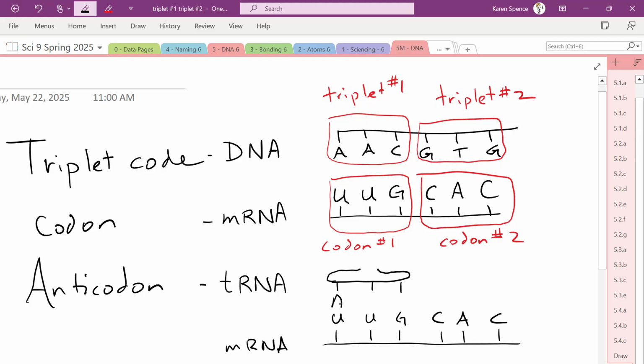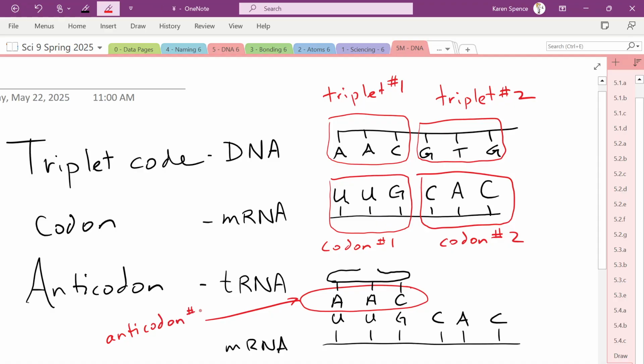Okay, so we have A, then we have A, and then we have C. So that is anticodon number 1. And then we've got our other tRNA molecule, which I'm not really able to draw the full thing, okay?